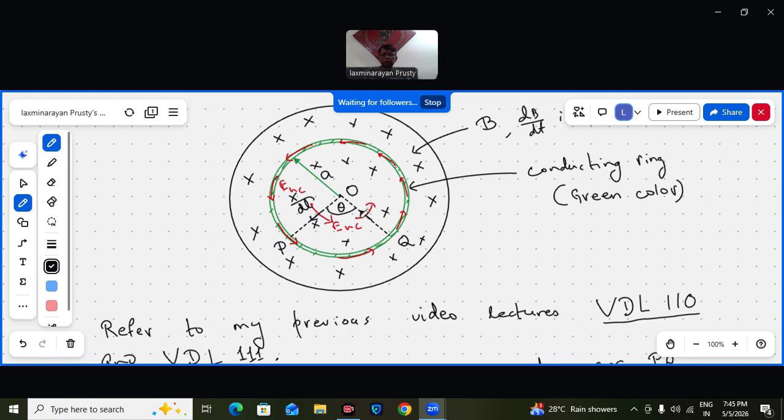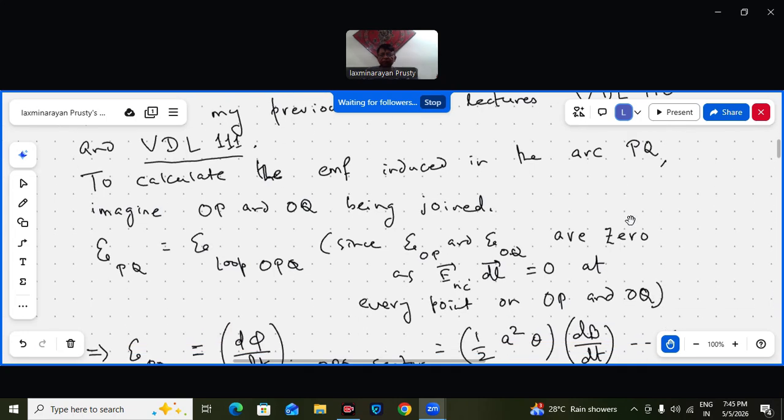As you see, E_NC and dL are mutually perpendicular at every point of OP and OQ. So there is no EMF from O to P or Q to O. So the EMF in this loop OPQO is equal to the EMF in PQ. That's what I discussed very clearly in VDL 110.